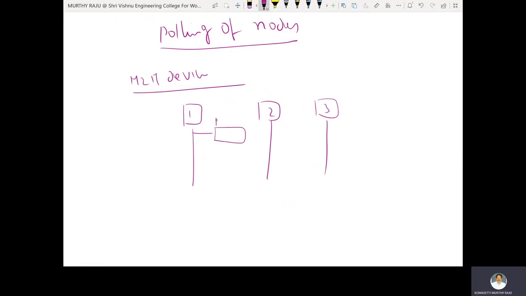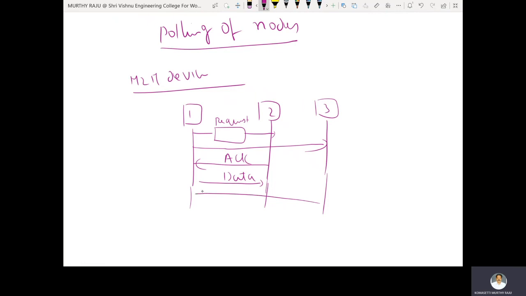It sends a request to the second node and a request to the third node. The second node is ready to receive data from the first node and sends a positive ACK. Therefore, the first node sends data to the second node. That is called polling. The third node is not willing to receive data from the first node. The third node sends a NAK, negative acknowledgement, to the first node.